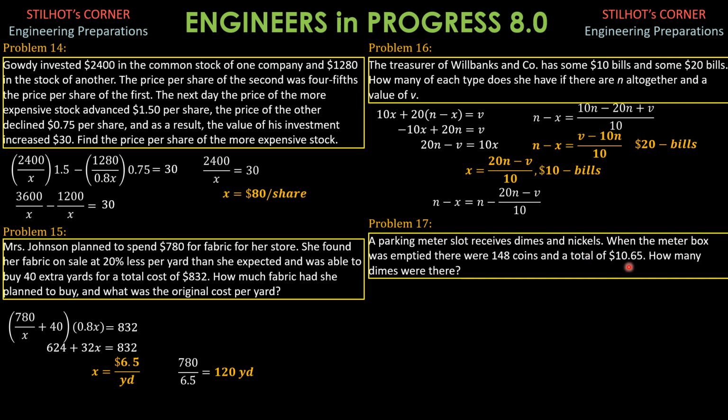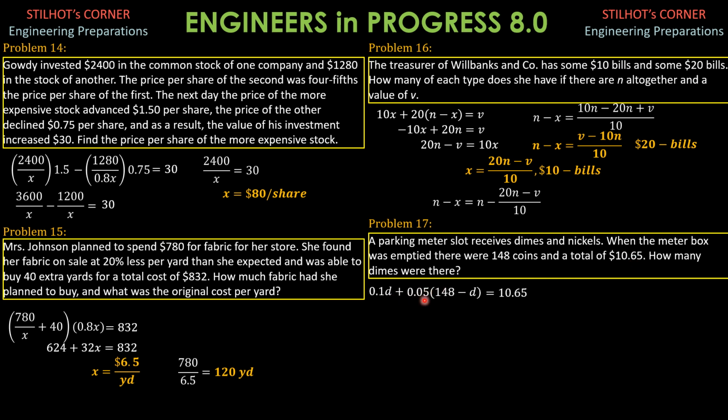If the number of dimes is D, then the number of nickels is 148 minus D. So 10.65 equals 0.1D plus 0.05 of the quantity 148 minus D. This is the number of nickels, 148 minus D, because the total number of coins is 148. Then this is the value of the dimes, this is the value of the nickels. Then we equate it to 10.65.